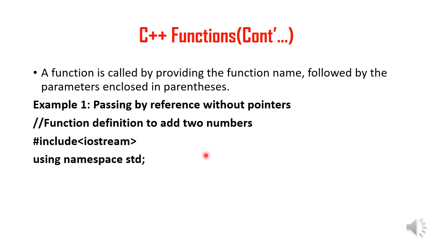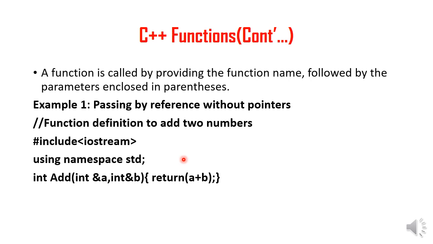We have also the second statement, which is using namespace std, and remember that a namespace is used in a C++ program to define the scope of the variables which will be used in the program, so that there will not be conflicts among the variables. So the namespace we use here is std, or standard.